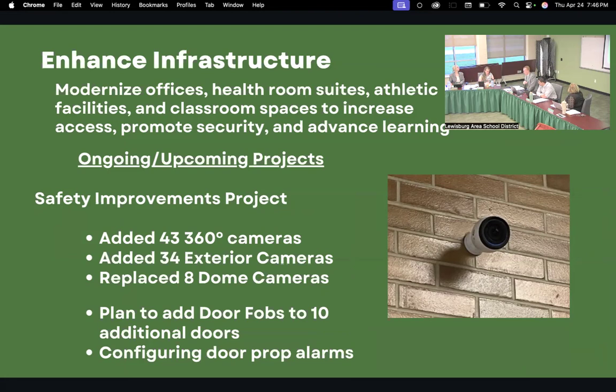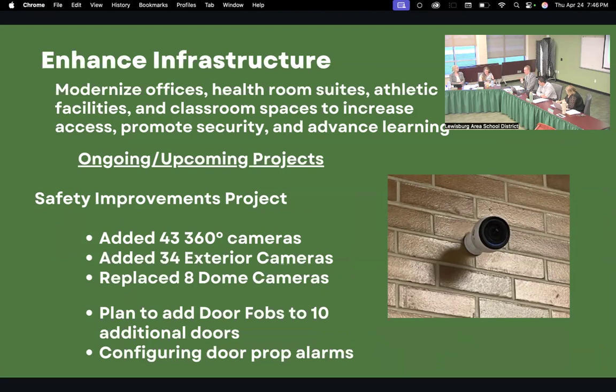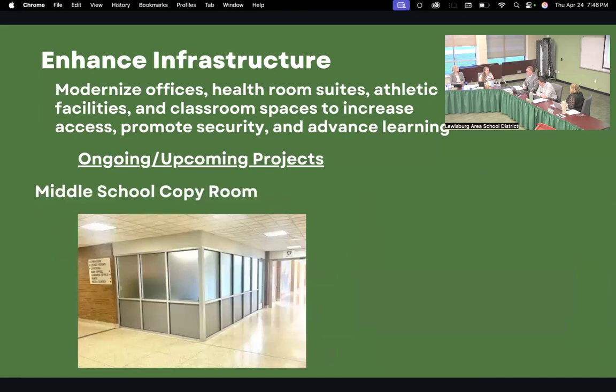The PCCD grant funded that project, and that is pretty much to completion as far as the camera side. The fob project will be happening next week, probably the next 2 weeks, making sure those doors are also taken care of. And again, any questions you have, like Justin did, please share them as we're going here. I can always come back to a slide as well.